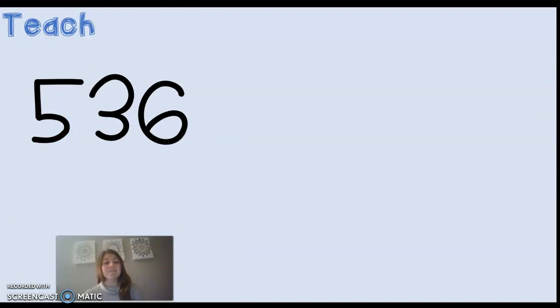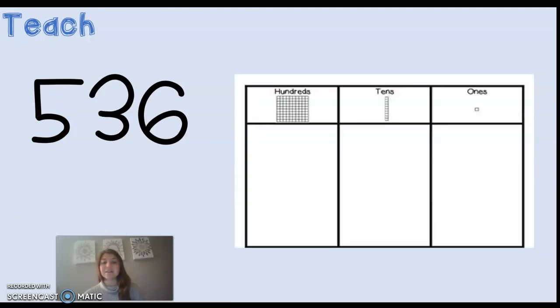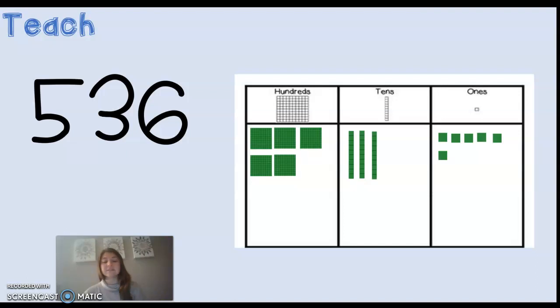Now we're going to try 536 again. We start with our 100 tens and ones chart. We draw 536. Now it's telling us we're finding 10 less. Remember, less means our number's getting smaller. If we're finding 10 less, think about what place value is going to change.